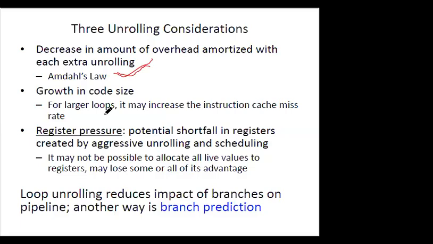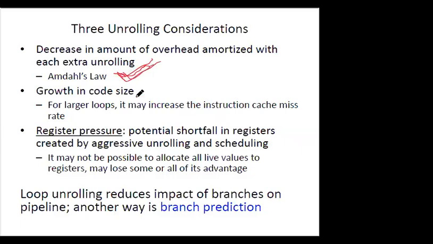It states that in parallelization, if P is the proportion of a system or a program that can be made parallel, and 1 minus P is the proportion that remains serial, then the maximum speedup that can be achieved using n processors is 1 upon (1 minus P plus P by n). It is generally applicable for parallel processing, and hence we are talking about superscalar architecture.